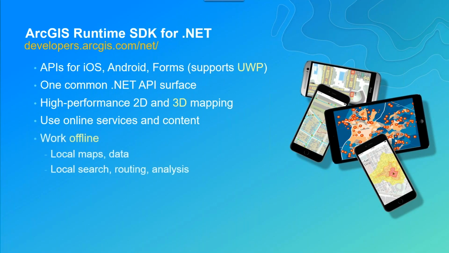You might need to work offline. You can do that as well. So maybe you have a field work type scenario where you need to have people go out with local data disconnected, make some edits, and push that back to your online data sources. That works too. And of course, you can get to all of the device sensors and things that are running natively on the devices and use that in your app as well. GPS, of course, probably being one of the obvious ones.